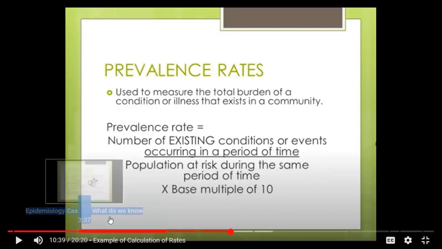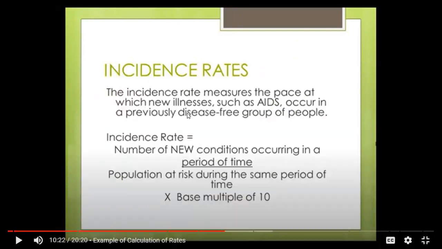Okay, so this is called incidence rate, right? Incidence rate measures the pace at which new illnesses, such as AIDS, occur in a previously disease-free group of people. So what we learn from here is what incidence rate is.